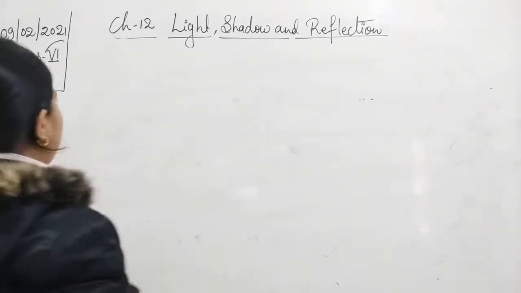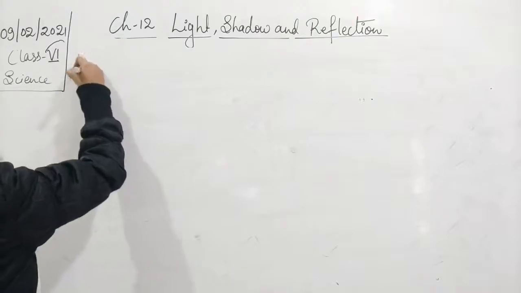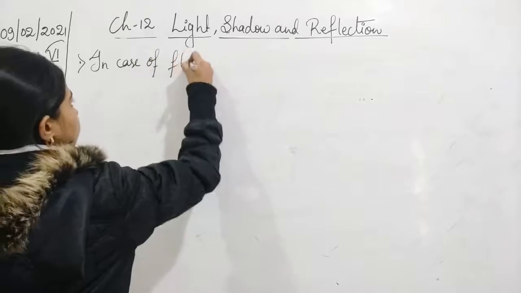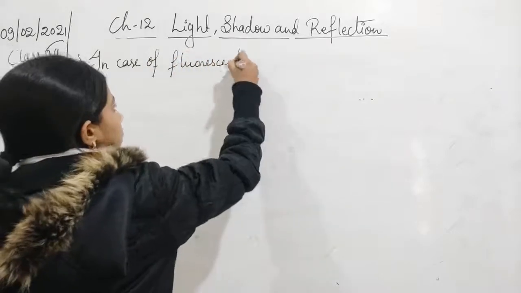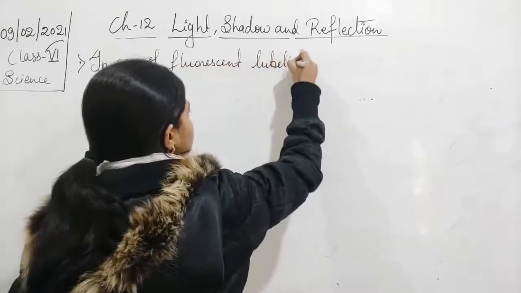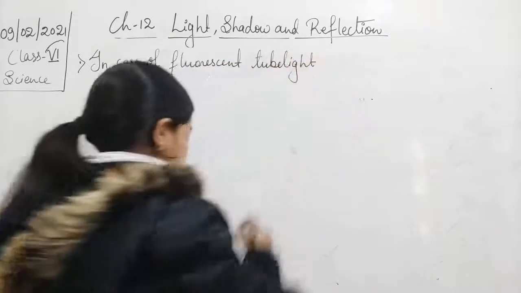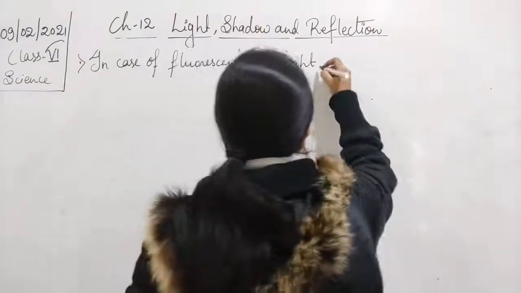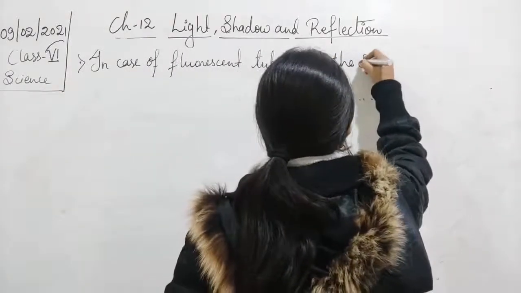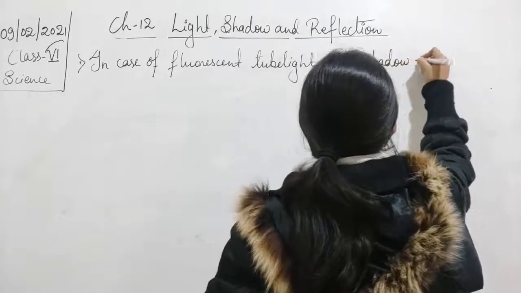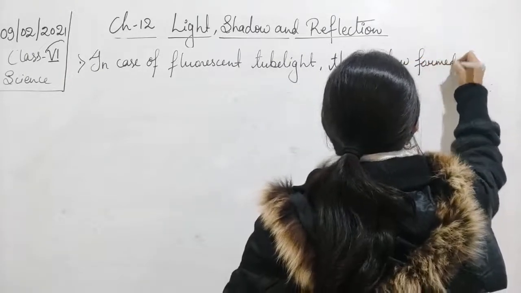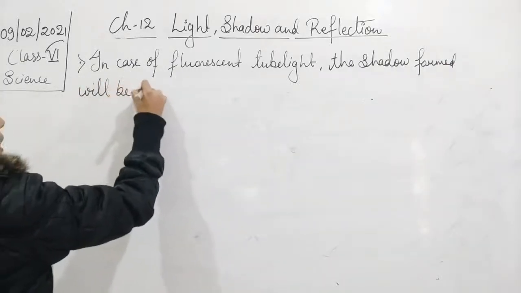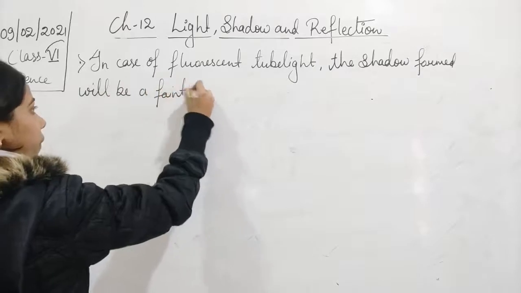In case of the fluorescent tube light, the shadow formed will be a faint shadow.